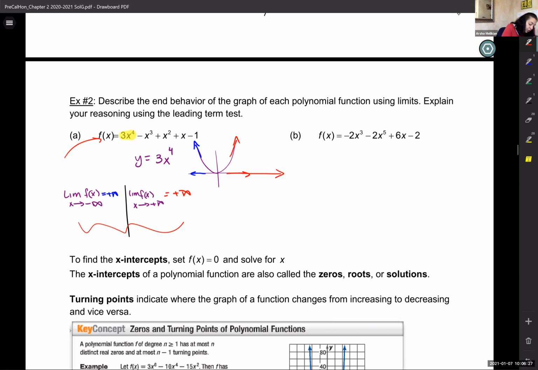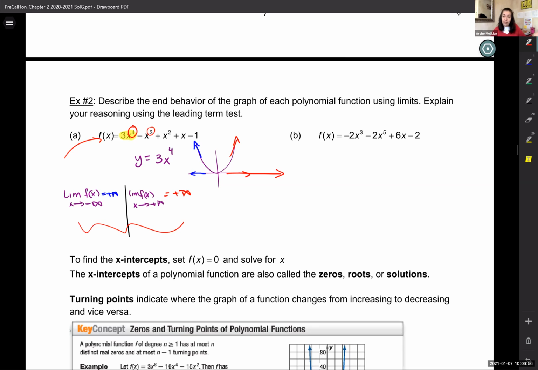And now imagine you plug it in here. x is 1,000,000. 1,000,000 to the 4. How many zeros does 1,000,000 have? 6. 1,000,000 to the 4 has 24 zeros. Compare that to 1,000,000 cubed. Only 18 zeros, right? It pales in comparison.